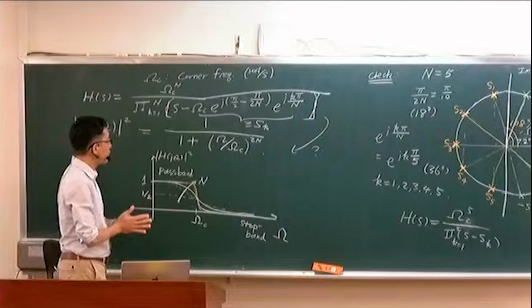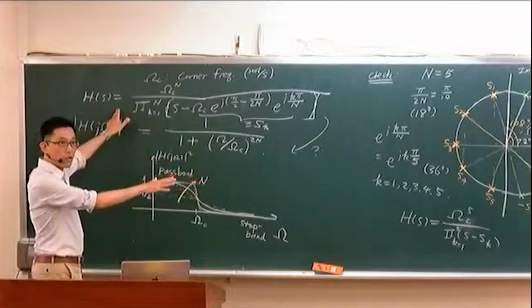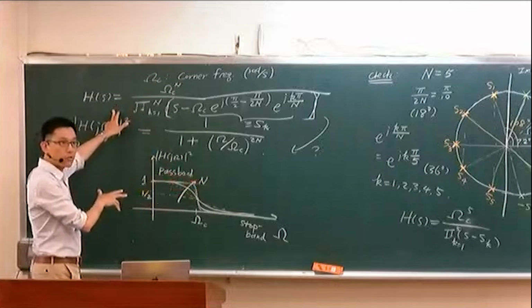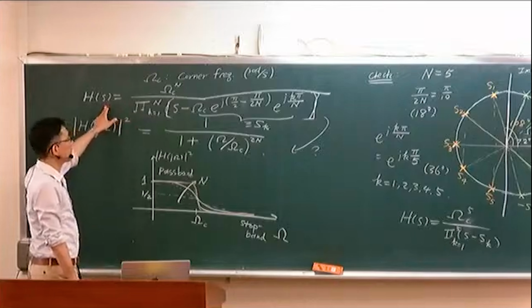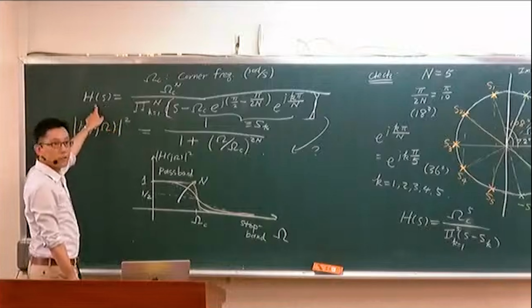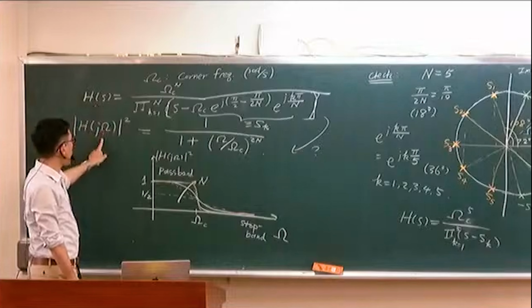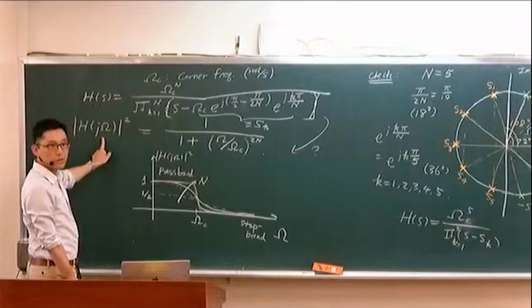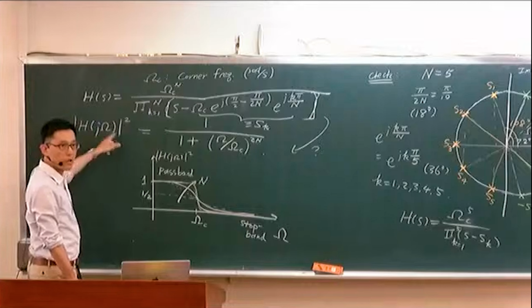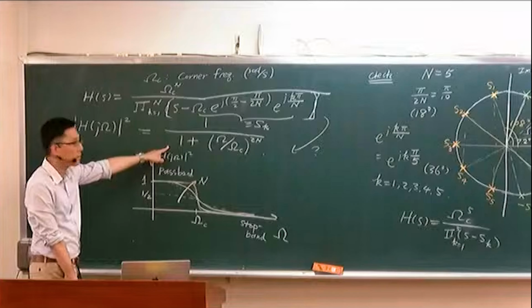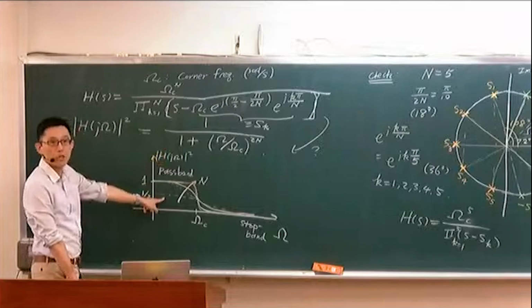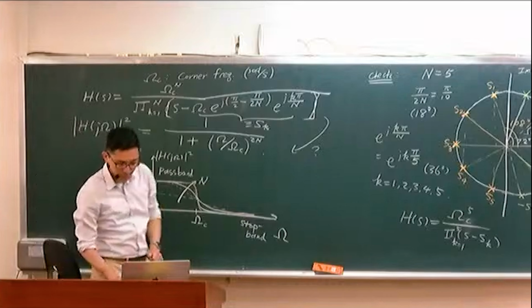We have shown that there exists such an analog system, analog transfer function defined over the Laplace variable S. And then we checked, when we evaluate the transfer function on the imaginary axis and take the magnitude square, it has a very nice expression. It has a very clear low-pass behavior. It is a low-pass analog filter.